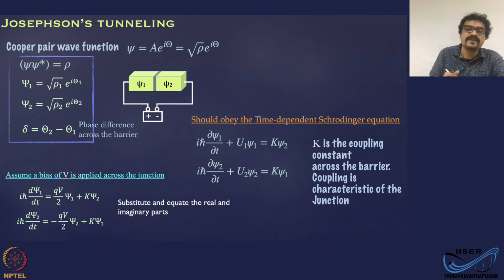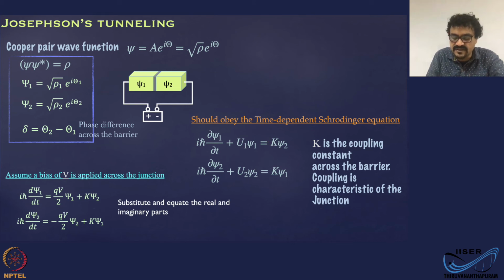Now, let's write down the Schrodinger equation for the system. This is a time dependent Schrodinger equation where i h bar d psi1 by dt plus U1 psi1, the potential term, equals K psi2, where K is the coupling constant.